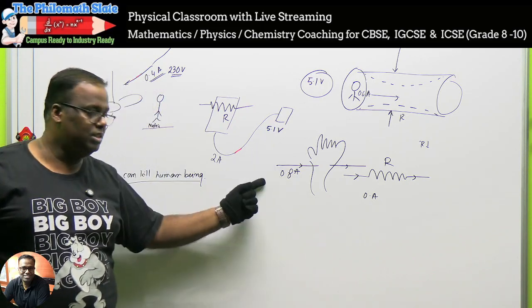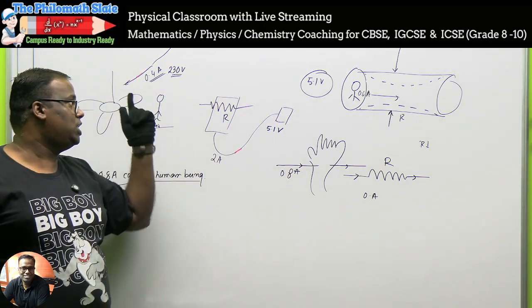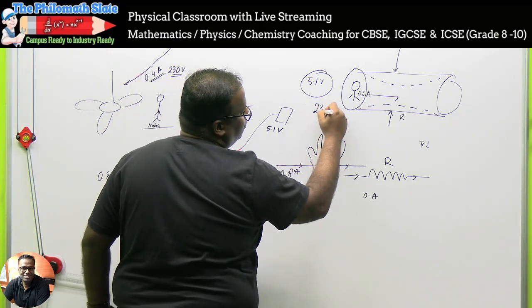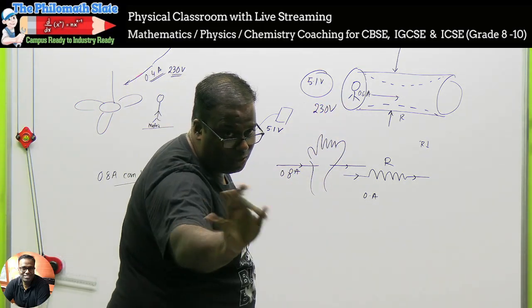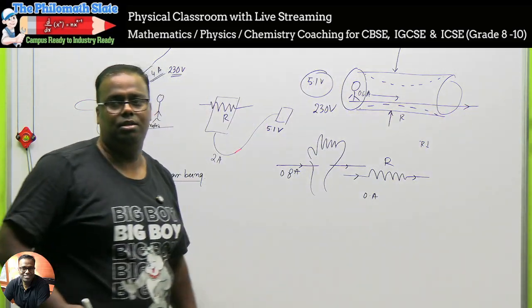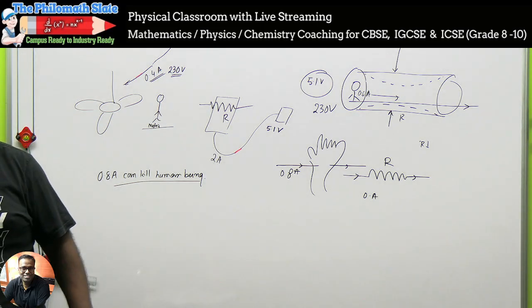But if we increase the kick, that is, we jack it up to something like 230 volt, we are kicking you with 230 volt, then we don't even need 2 ampere. 0.1 ampere will pass through your body, sufficient to fry you.